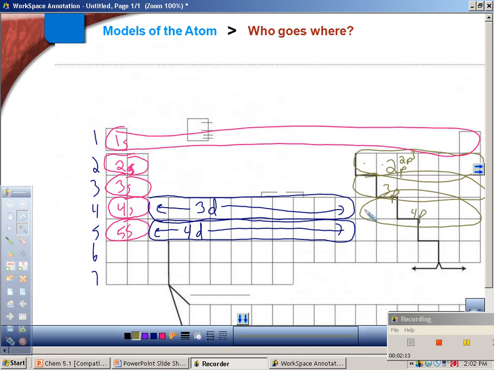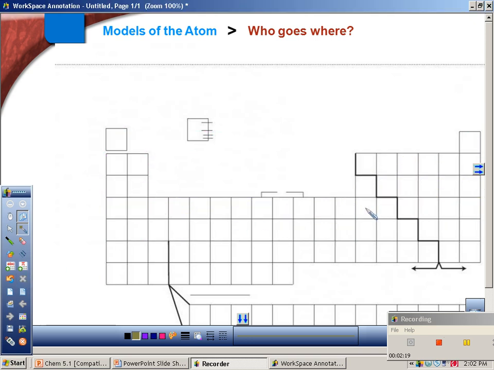If I wanted to talk about this one right here, it's in the 1, 2, 3, 4th level. That's my p orbitals, and that's the first box. This would be 4p2, 4p3, and I can go all the way over to 4p6.